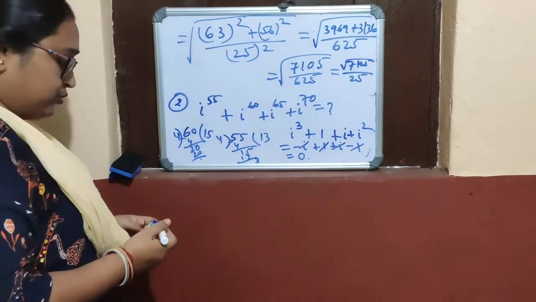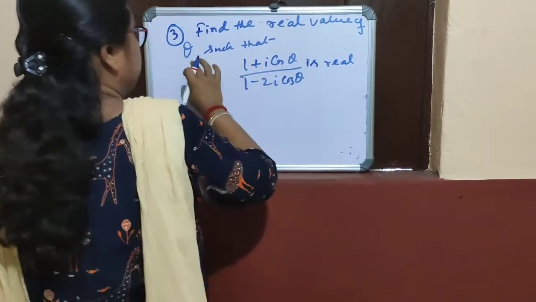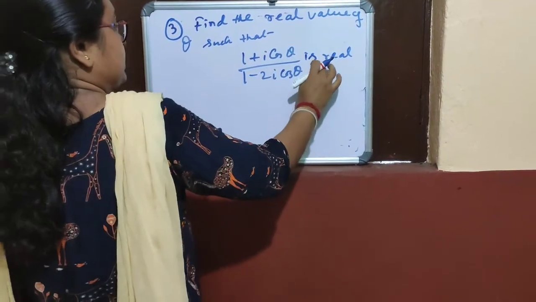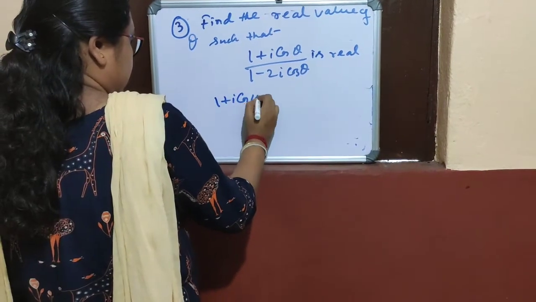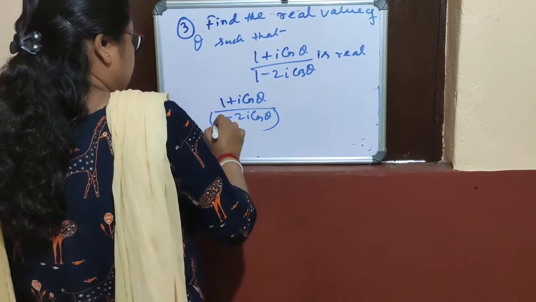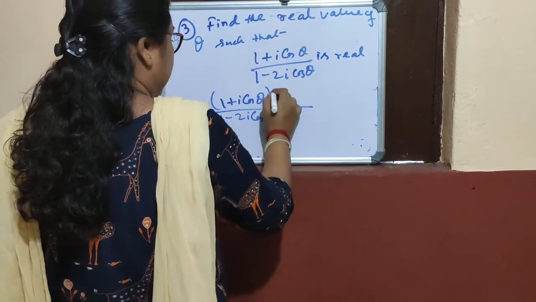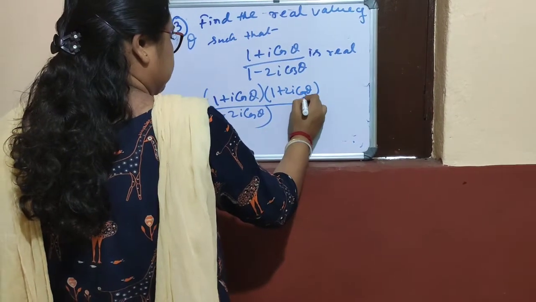Now come to example 3. Find the real value of theta such that this is real. Now what is the way? 1 plus i cos theta divided by 1 minus 2i cos theta. You multiply both upper part and lower part by the conjugate. This is equal to cos theta.